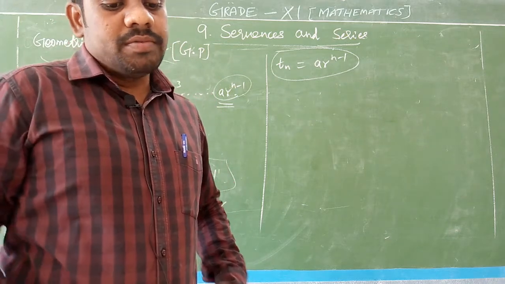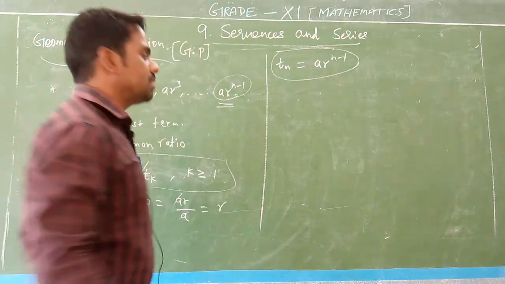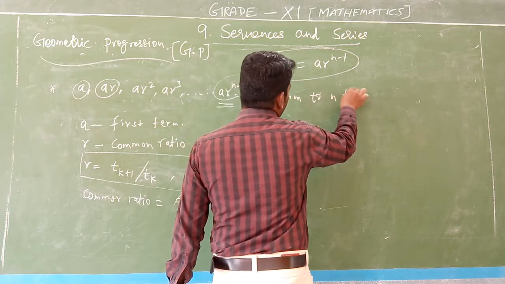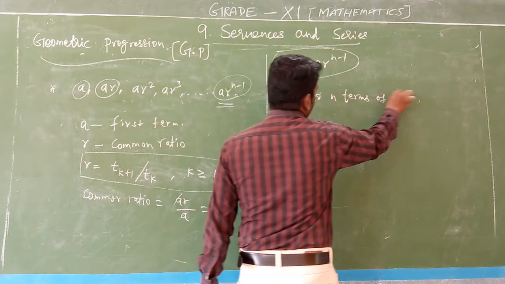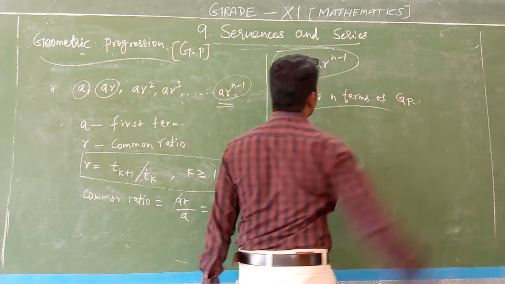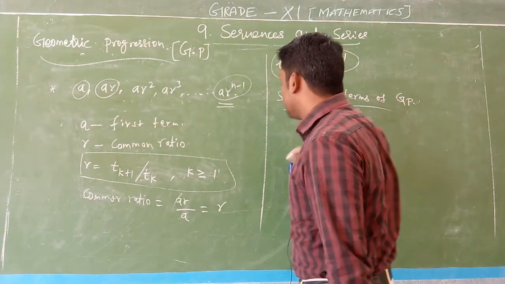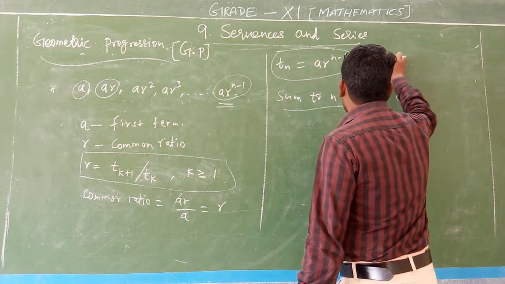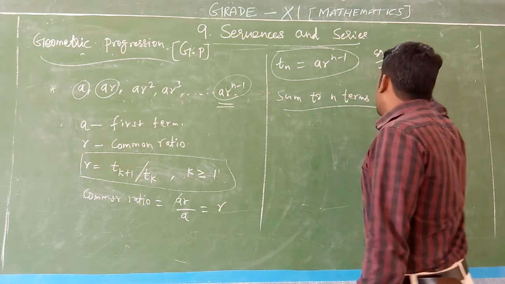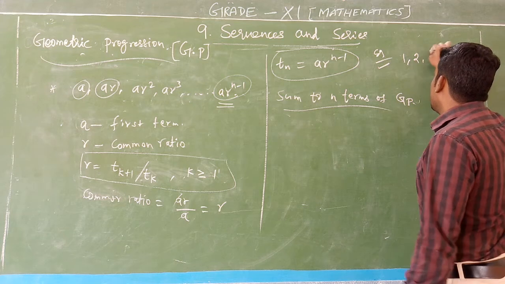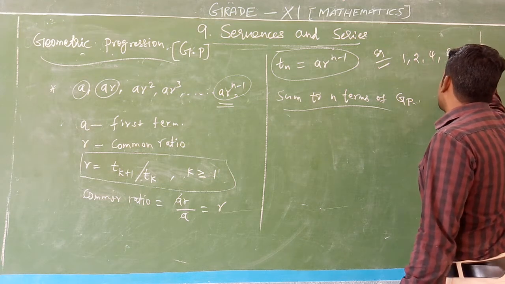Sum to n terms of GP. For example, a geometric progression example is 1, 2, 4, 8 and so on.